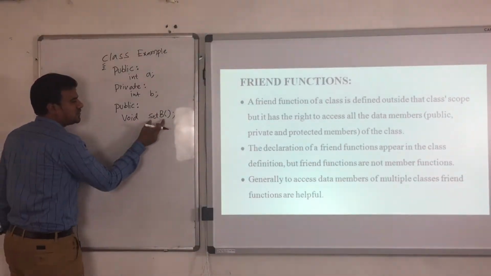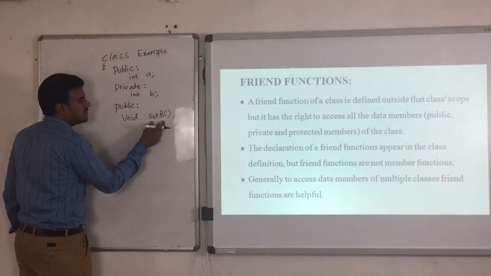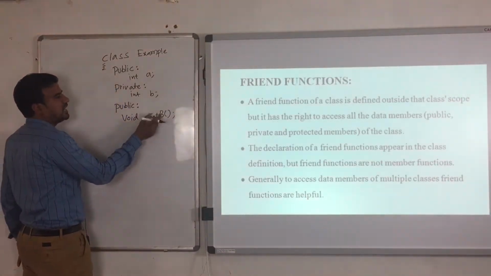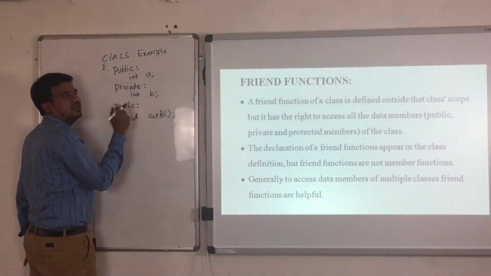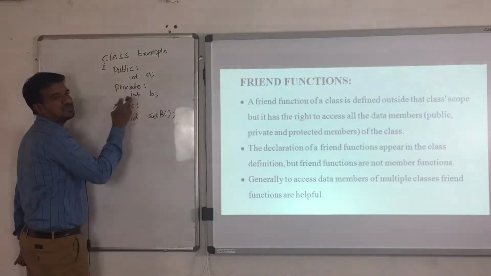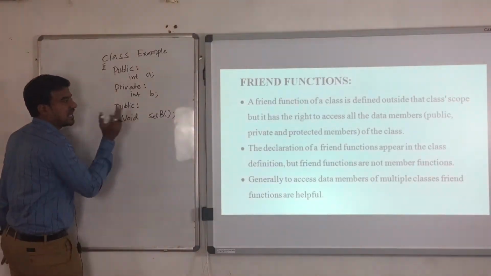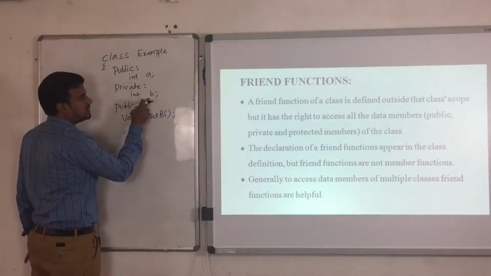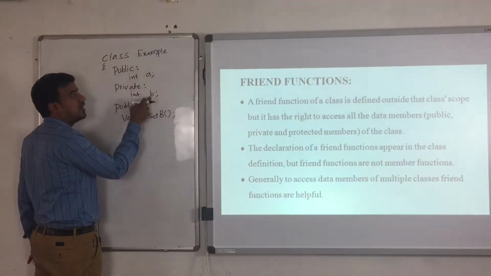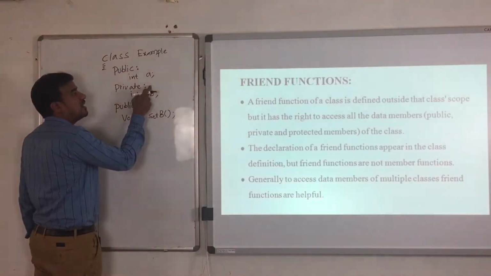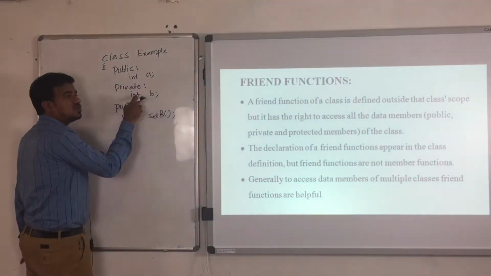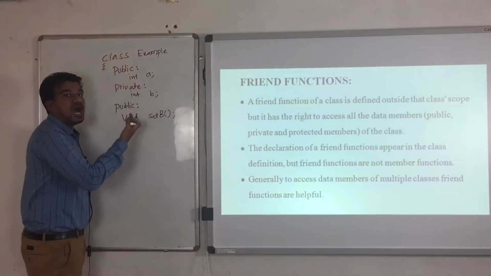Now this function, as it is public and inside the class, can access all the data members, public as well as private, as long as it is inside the class. Whenever we discuss this private member, we are saying that private member B does not have access outside the class.